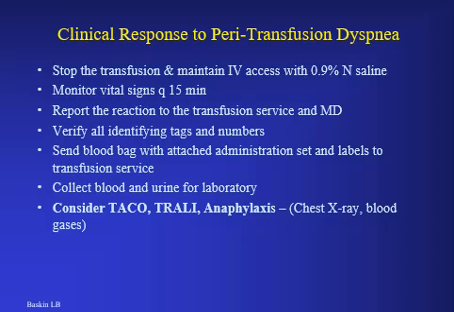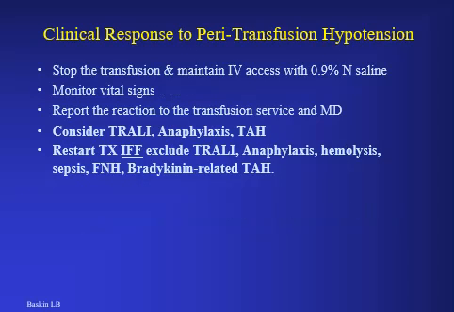So anytime there's dyspnea, we need to take immediate action. As you can see, although a number of conditions can be associated with hypotension, most are relatively benign, but we need to be able to exclude these. And if we can do that, then we could start the transfusion again.